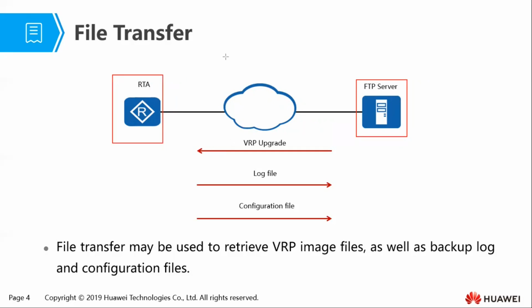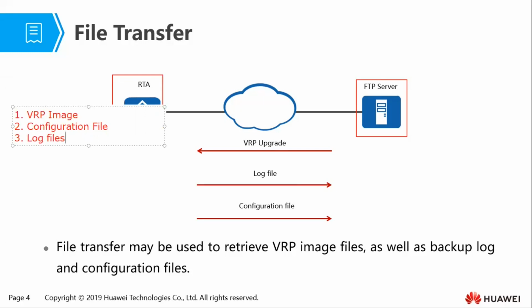For example, the VRP image file, that is the operating system; the configuration file, which has the specific settings for our router; and the log files.